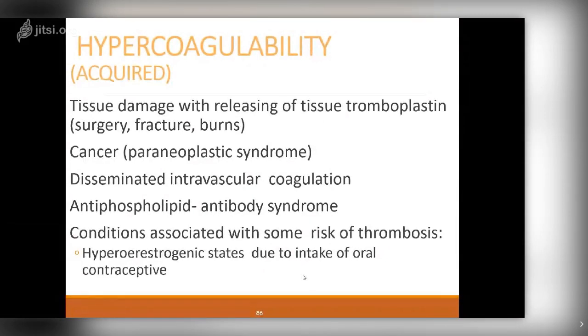For example, the best example is disseminated intravascular coagulation that covers all the conditions with release of tissue thromboplastin, for example, after damage of the tissues due to surgery, fracture, or if there is decay in cancer with formation of paraneoplastic syndrome.